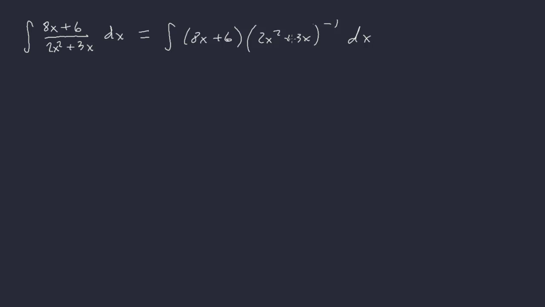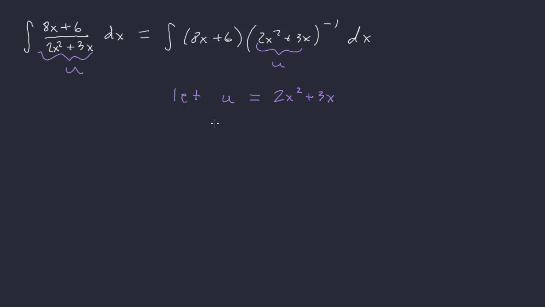So we can think of this 2x squared plus 3x as our stuff. So if we let u be 2x squared plus 3x, and no, we don't have to use this version of it, we can just use this version of it instead.